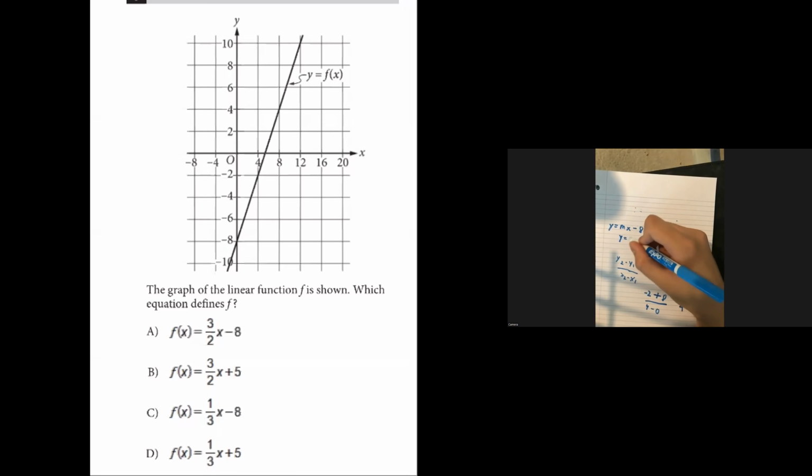So y equals 3 over 2 x minus 8, which gets us the answer of A. Any questions?